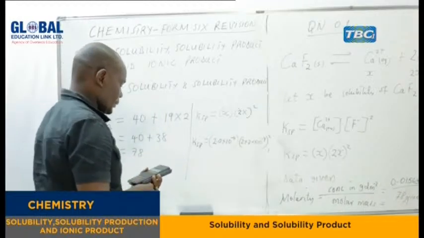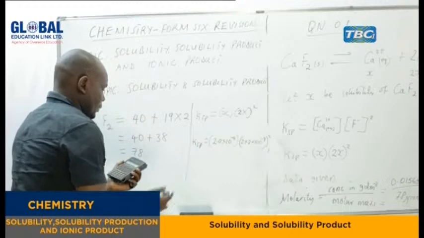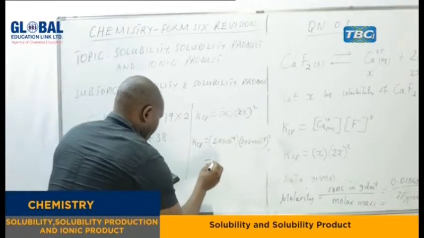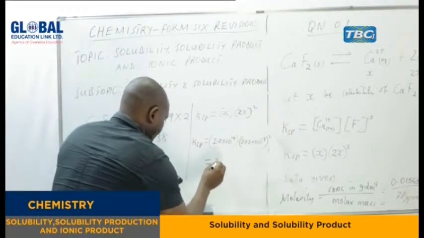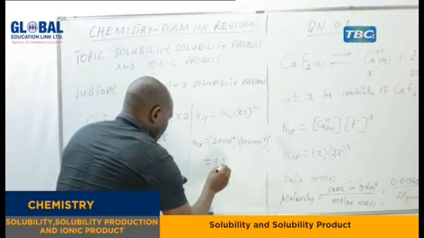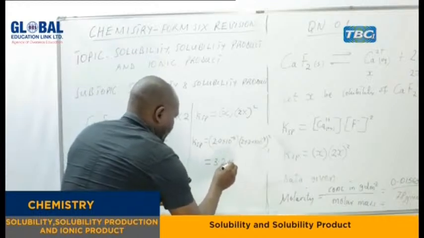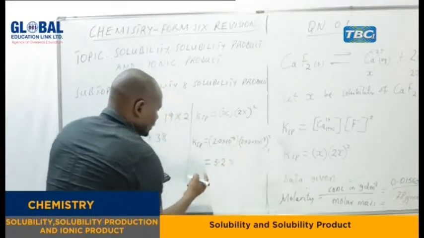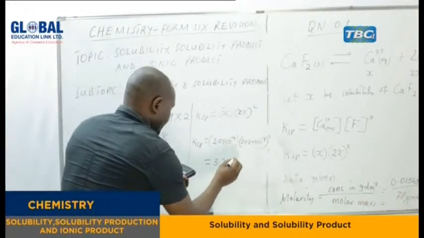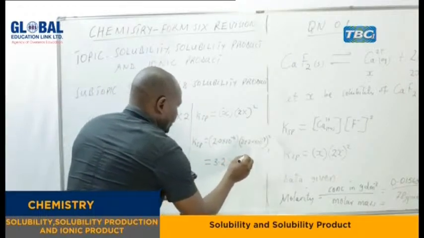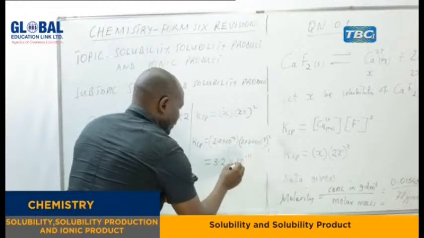The answer is 3.2 times 10 power negative 11.